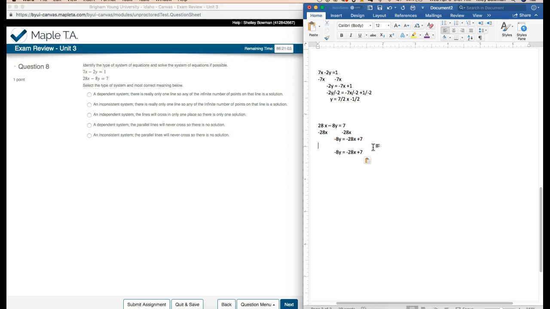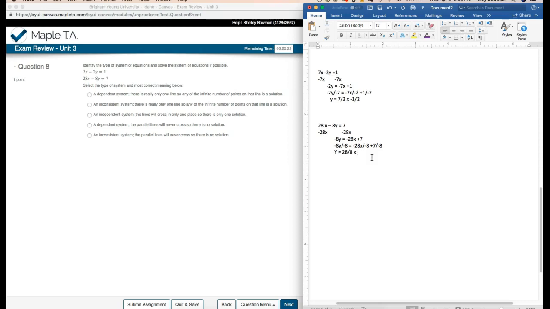Then we need to continue solving this for y. To do that, I need to divide every single term by this negative 8. Negative 8 divided by negative 8 is positive 1, so I'm left with y equals, negative 28 divided by negative 8 gives me positive 28 over 8, and we'll simplify that in just a moment.